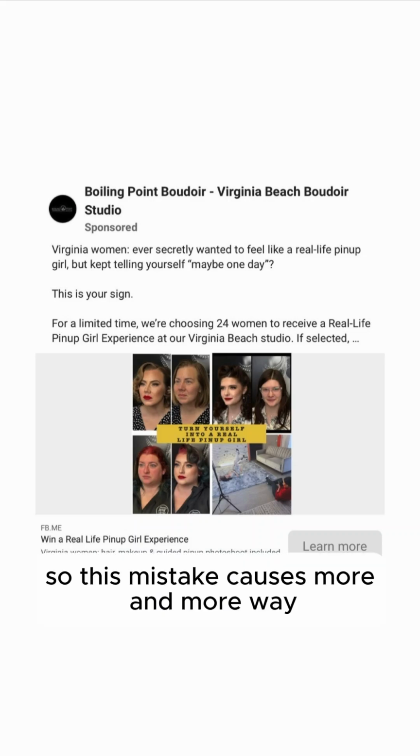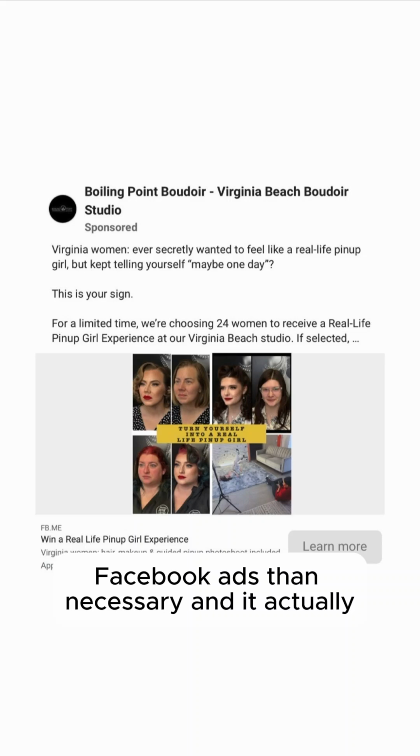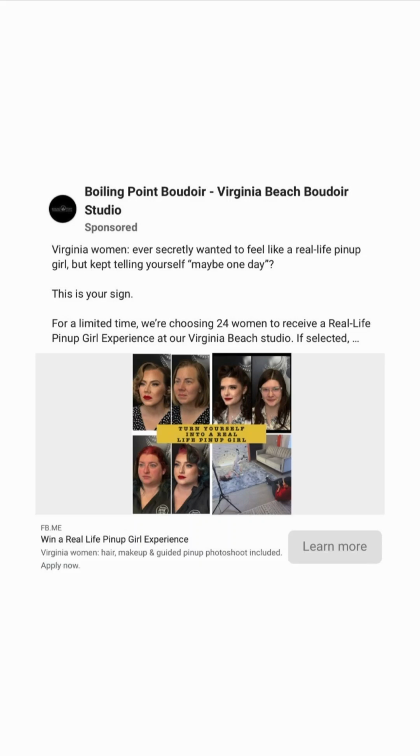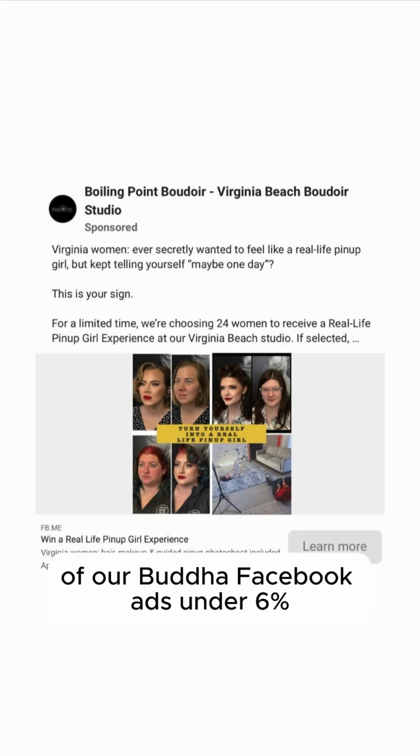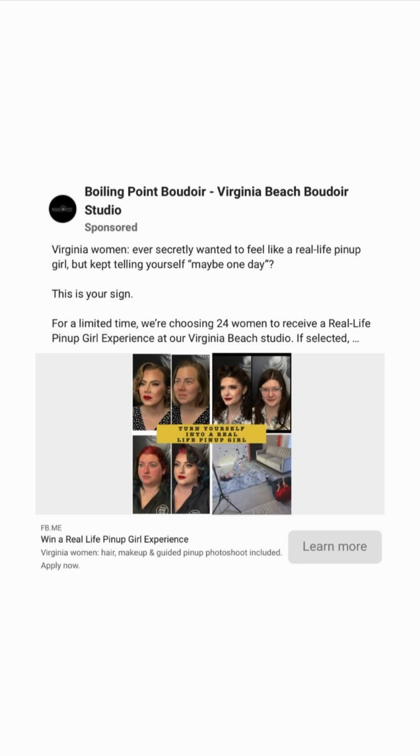So this mistake causes way more women to scroll by our Boudoir Facebook ads than necessary, and it actually pulls the unique CTR of our Boudoir Facebook ads under 6%, and increases the probability we have BLCS, aka Boudoir low click syndrome.